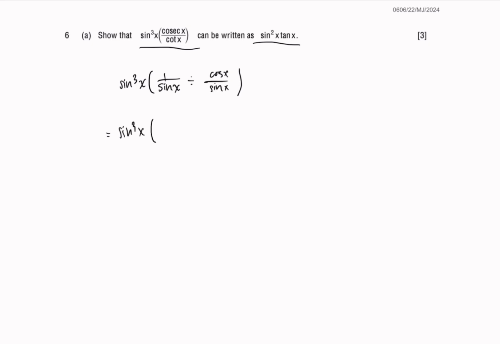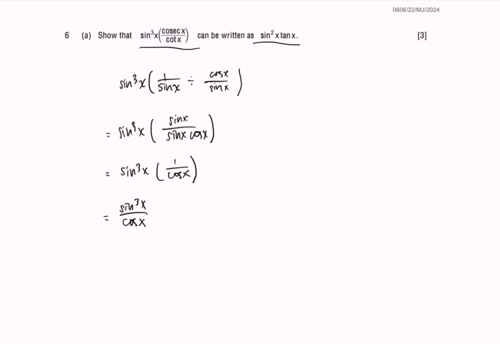And then we can just simplify this, sine x over sine x over cos x. So we can cancel out the sine x in the brackets to get 1 over cos x. This will give you sine cube x over cos x.